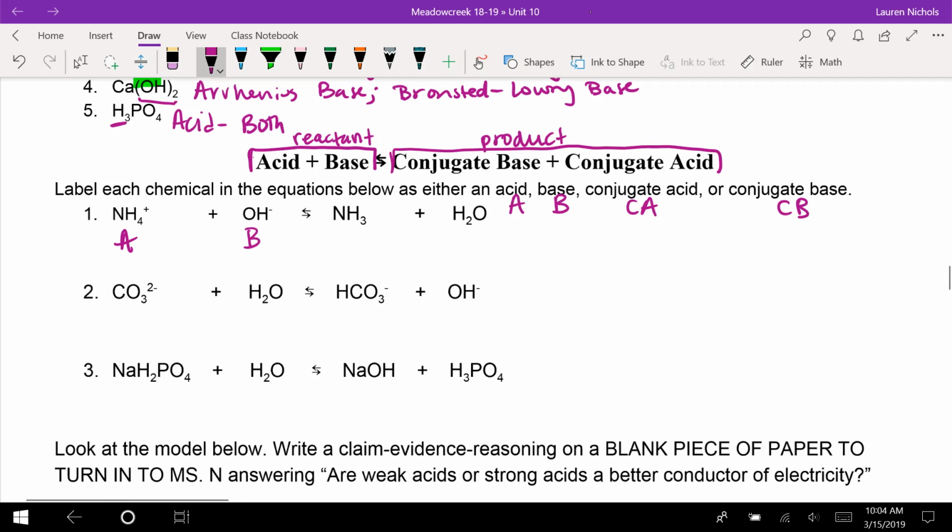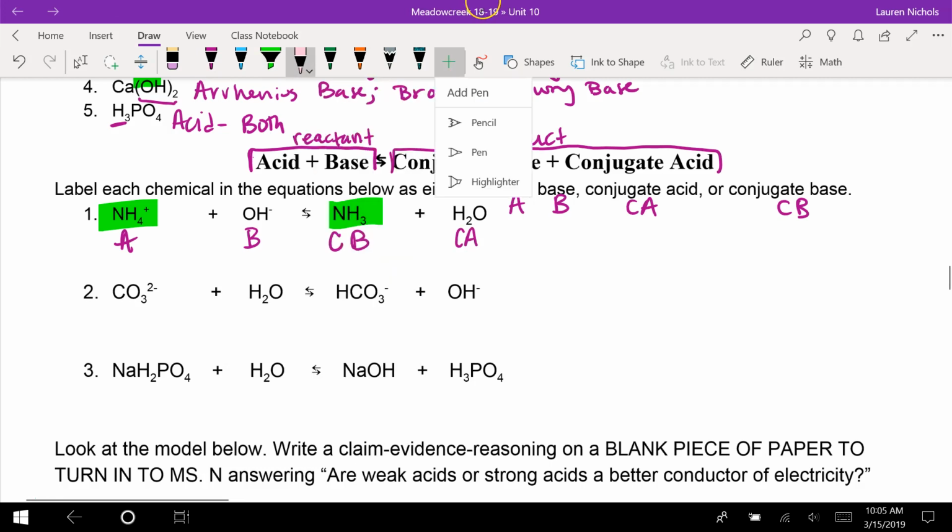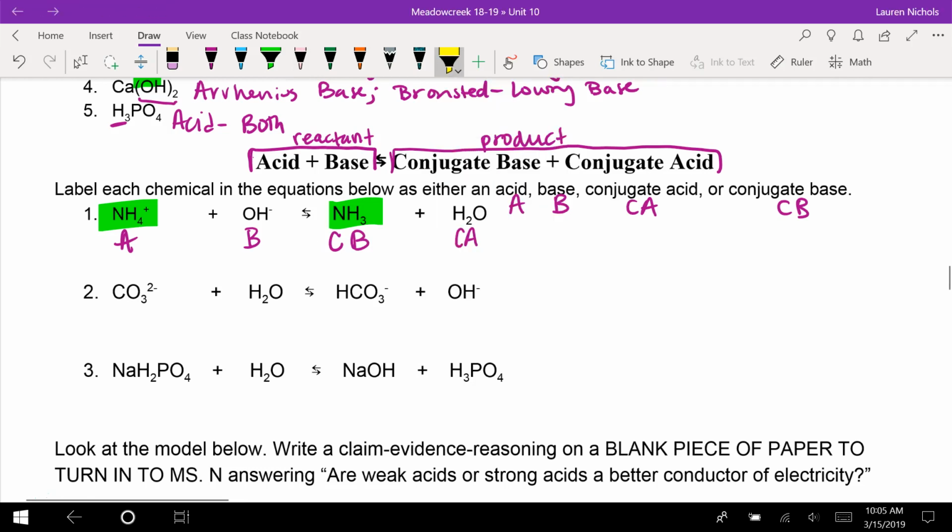The only difference between these two compounds is one hydrogen, so that means they are partners, and an acid will be partnered with a base. So if NH4 is the acid, its partner, NH3, has to be the conjugate base, which leaves water as the conjugate acid.